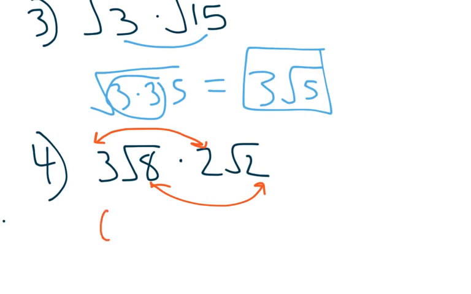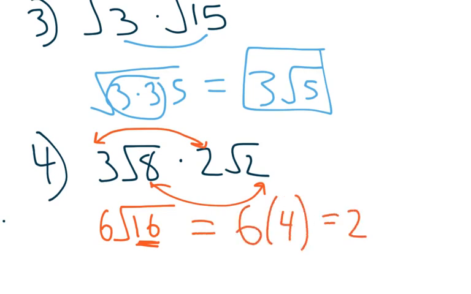So I will get 6 times the square root of 16. Square root of 16 becomes 4. So I get 6 times 4, and that gives me 24. So sometimes when you're simplifying radicals, you may eliminate the square root completely from the problem.